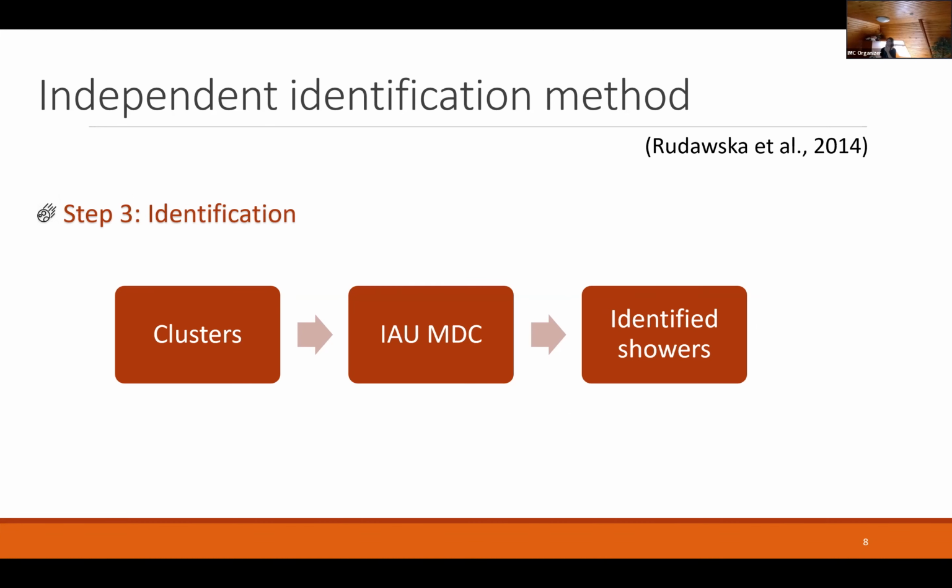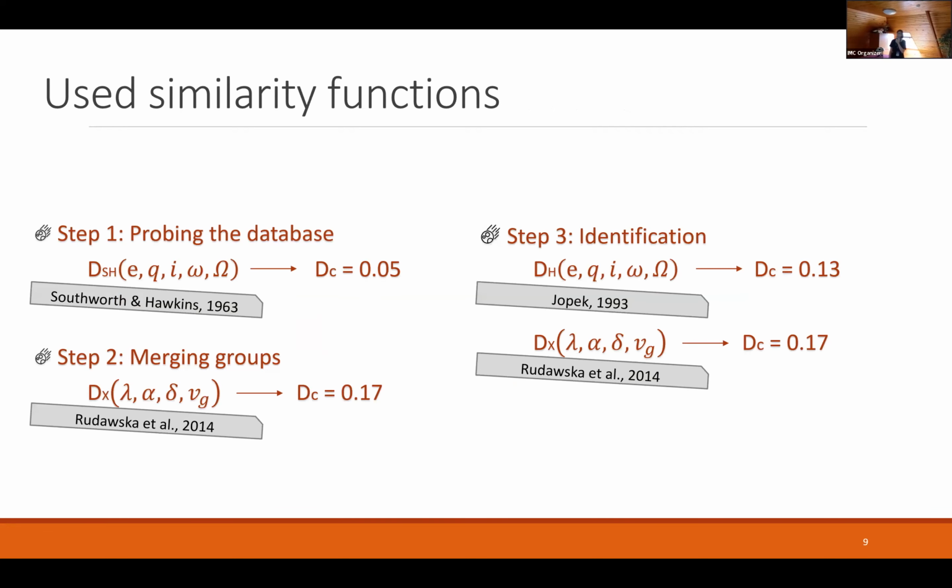I compared the clusters with the official database, the Meteor Data Center. And the similarity functions I decided to use in the steps: in the first step, it's the Southworth and Hawkins criterion with a very strict threshold value, 0.05.